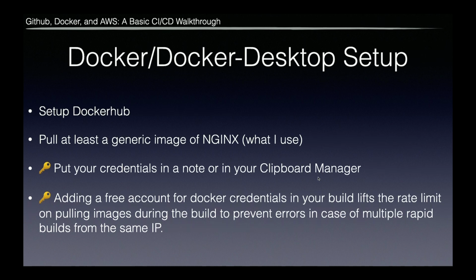Docker, when you don't log in, has a rate limit, and it can shut you down. Having a free account lifts the rate limit much, much higher. I've never run into a problem since I did that. So I just recommend have the account, and you'll see later in the specs where you put that login to make sure you don't hit that rate limit.